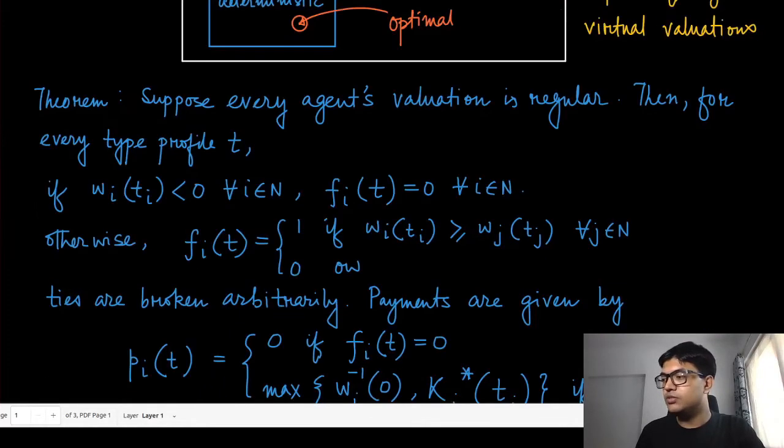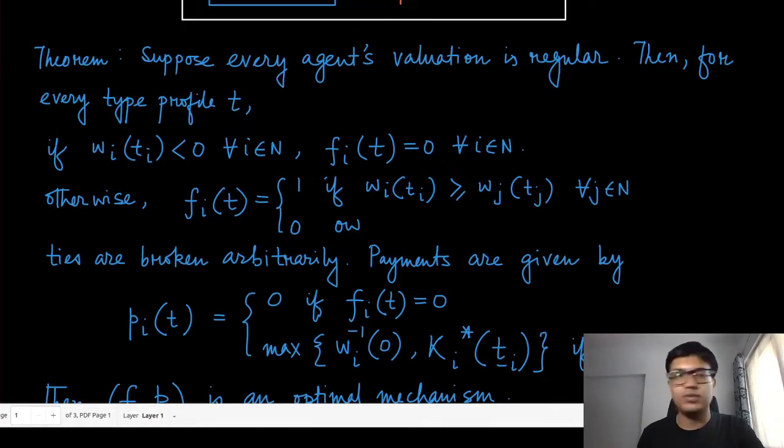So let us now look at what is the actual allocation and payment for this optimal mechanism, the Myerson's optimal mechanism for single object allocation in the most general setting with multiple agents. And the whole learning that we have done in the previous modules can be summarized into this theorem.